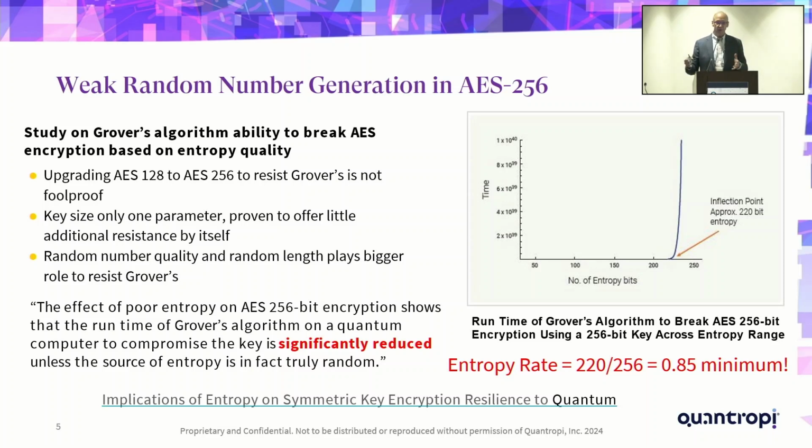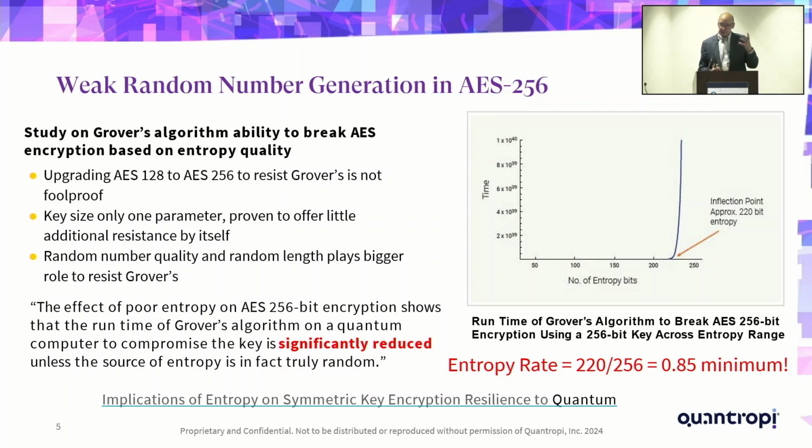Is it 256? 256 is better than 128. But it turns out they showed in this study that if you had less than 220 bits of true randomness in your 256 bits, you might as well not bother. You can be compromised in effectively real time.